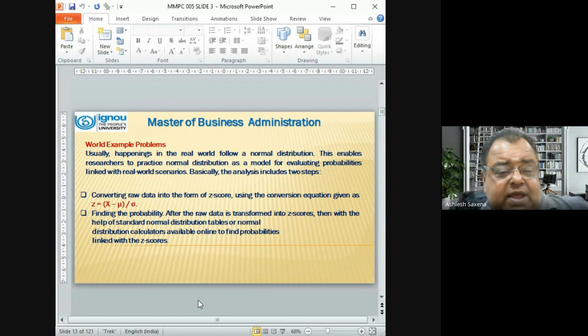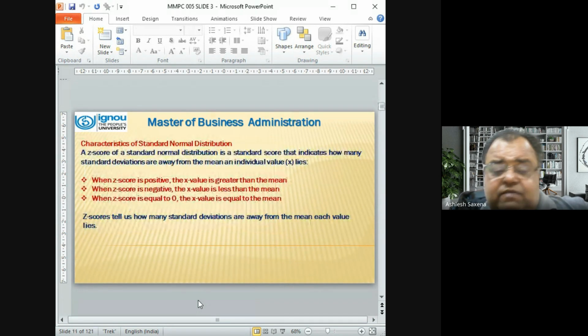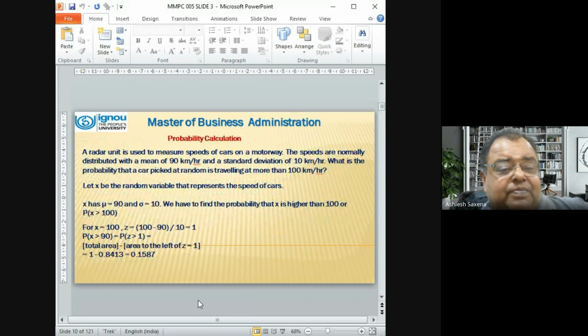After the raw data is transformed into Z scores, then with the help of a standard normal distribution table or normal distribution calculators available online, we find the probabilities linked with the Z score. This is what we did over here. The problem is related to a real world scenario.